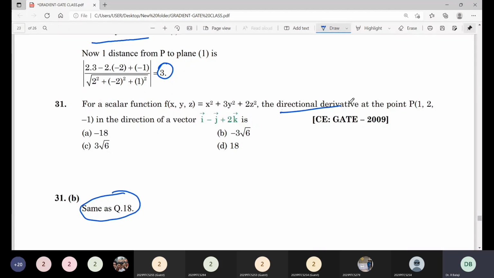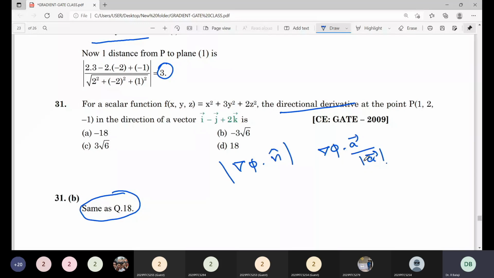What we solved there: the directional derivative is del phi dot n cap, or otherwise, del phi dot a vector divided by modulus of a vector. Most probably they ask the directional derivative in the GATE examinations, so you should be familiar with it. Don't forget the formula: del phi dot a vector divided by modulus of a vector.